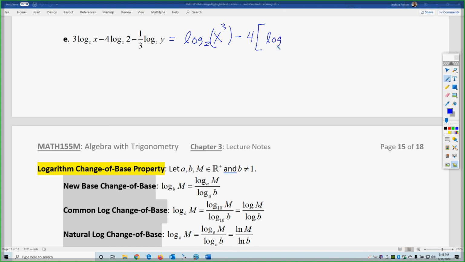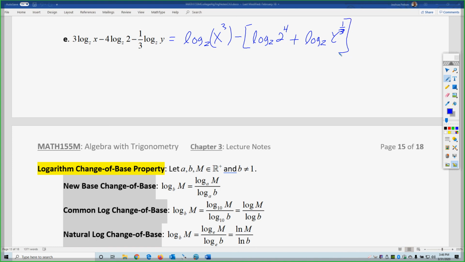Factor out the negative, I get log base z of 2 to the fourth plus log base z of y to the 1/3. All right, now we have all the powers up there.